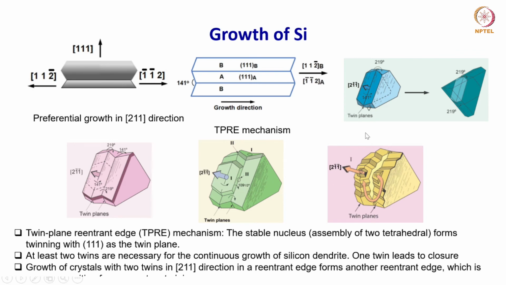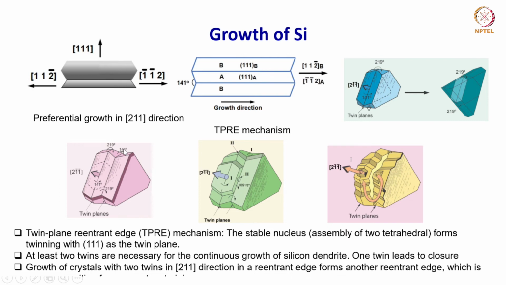So that is why, for the growth to continue, you need two twins, as you can see from here and here. Now consider this scenario where you have at least a minimum of two twins. Here is the edge that the twin forms, which we call the reentrant edge. It forms a particular angle that you can see.